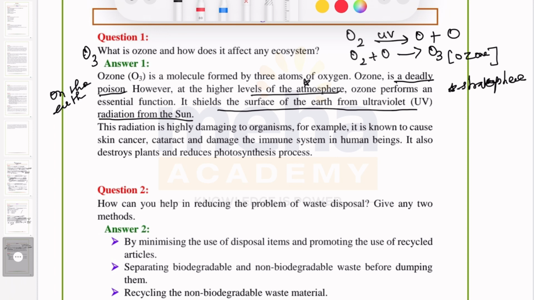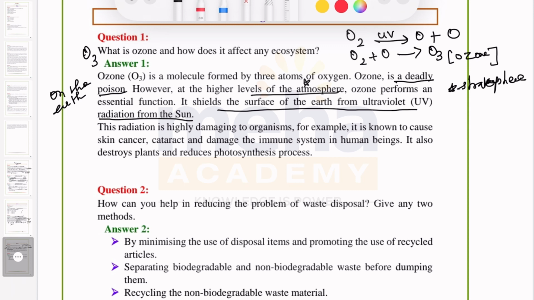So we can say ozone has both advantages and disadvantages. On the earth's surface it is a deadly poison, but in the stratosphere it protects us from UV radiation.